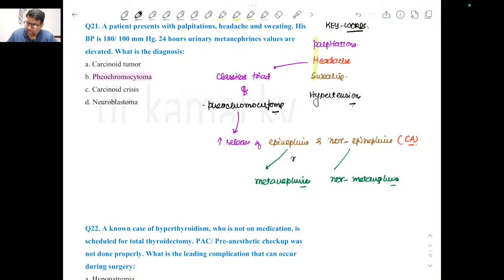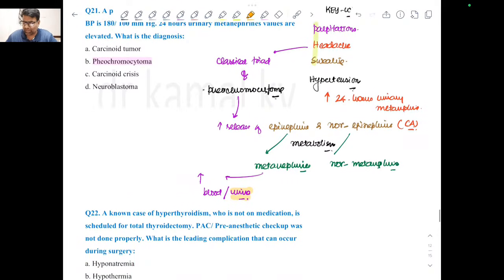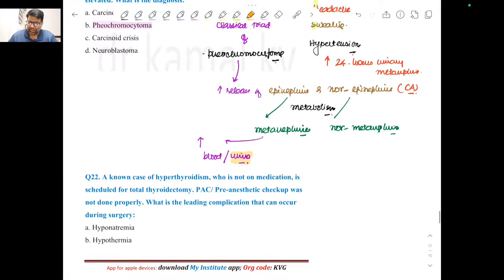So this is after metabolism. Now these can be increased in blood or urine. So if there is high metanephrine levels, so increased 24 hours urinary metanephrine, that is again indicative of pheochromocytoma. So that's the classical presentation of pheochromocytoma. So I think most of you can answer it nicely.